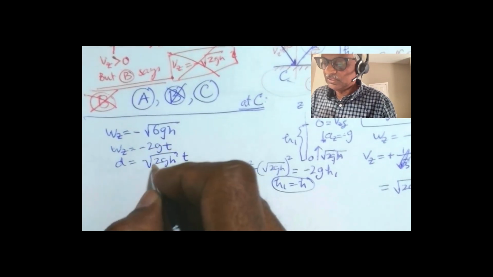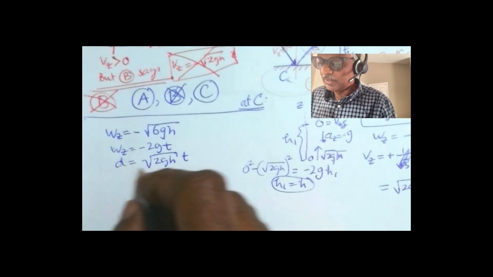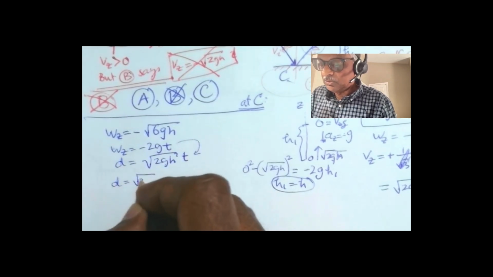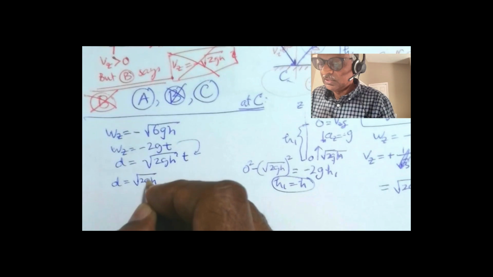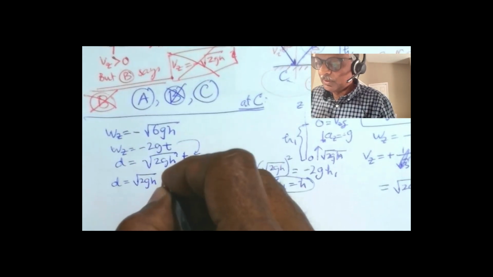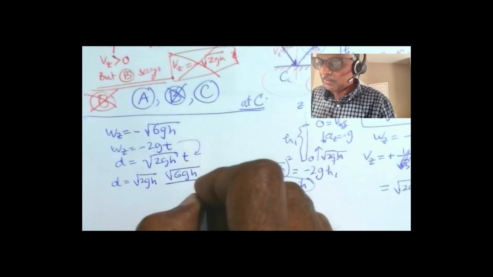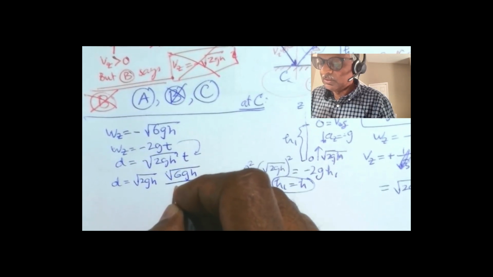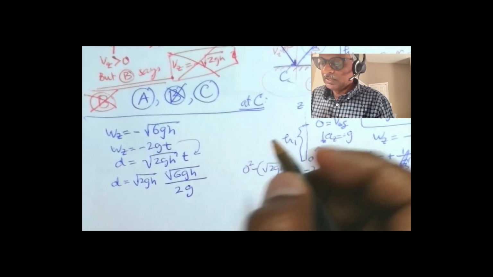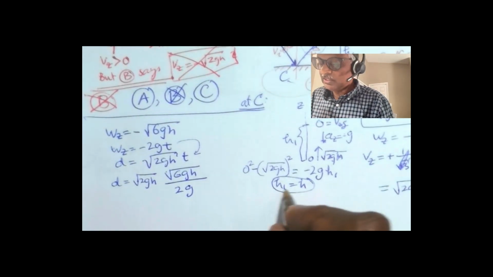We have these equations, so definitely you can get T and plug in here. D equals square root 2GH, square root of 6GH over 2G, and so H equals H1.